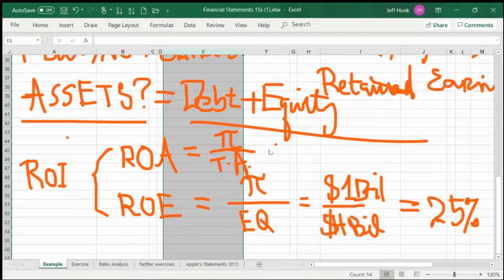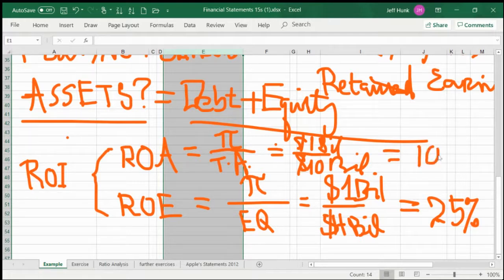So if you measure that in our example, our total assets was 10 billion, right? So it's 1 billion over 10 billion, I know it's going to be 10%.